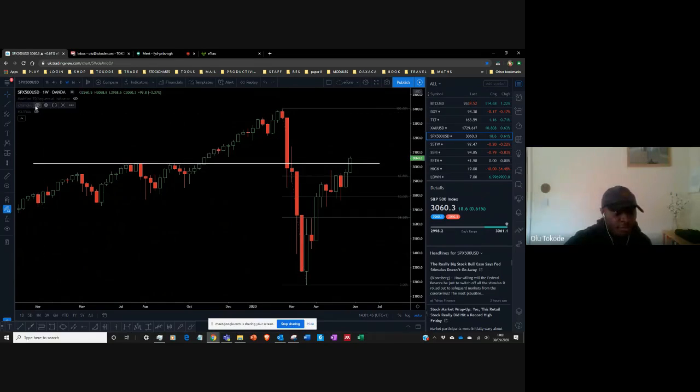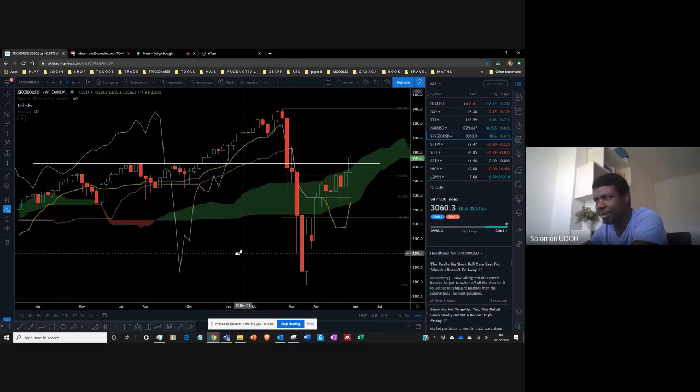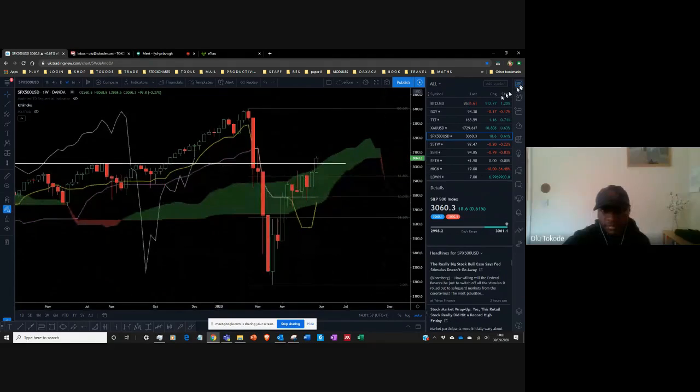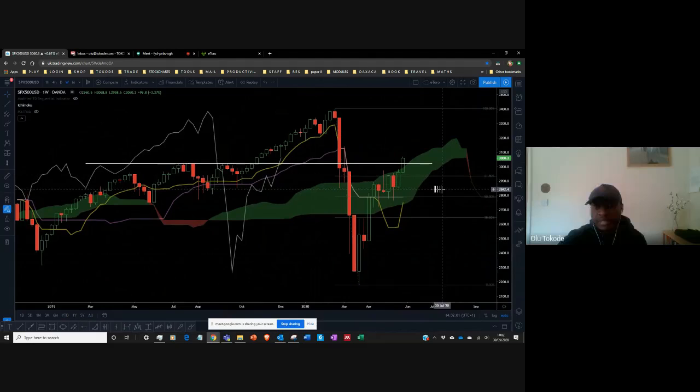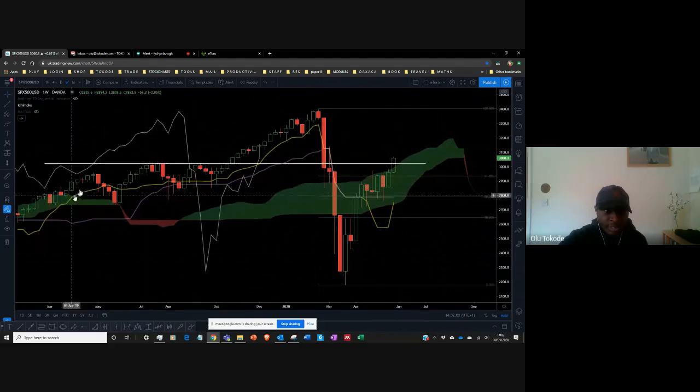Let me start with this indicator. Turn this off. So with this, we're above the 50, 61% Fibonacci line. Right now, all I'm using is this indicator.